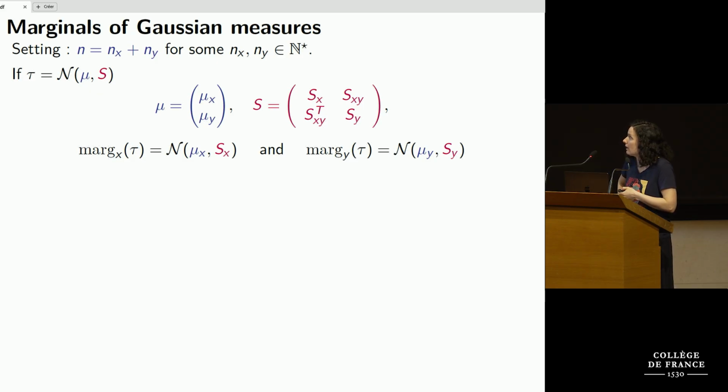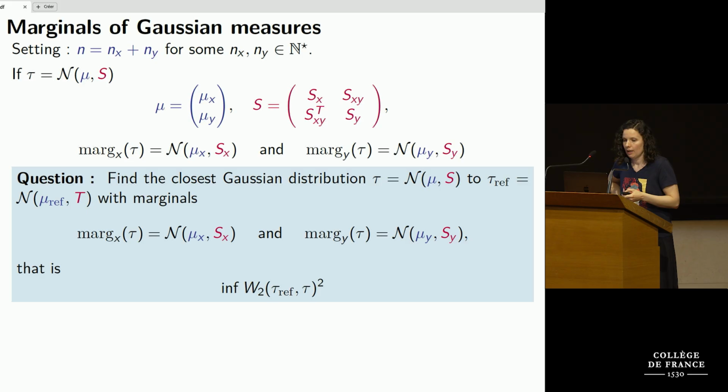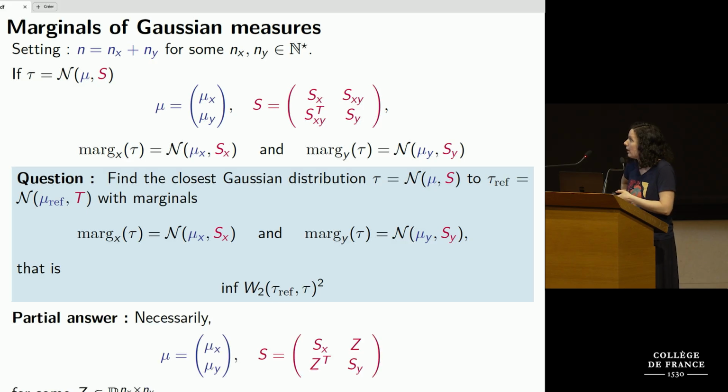The marginal in X will just be a Gaussian centered at mu x with covariance Sx, and the same with Y for the marginal in Y. And so our problem was to minimize the Wasserstein 2 distance between some reference solution and the one that we want, where this tau satisfies the marginal constraint.